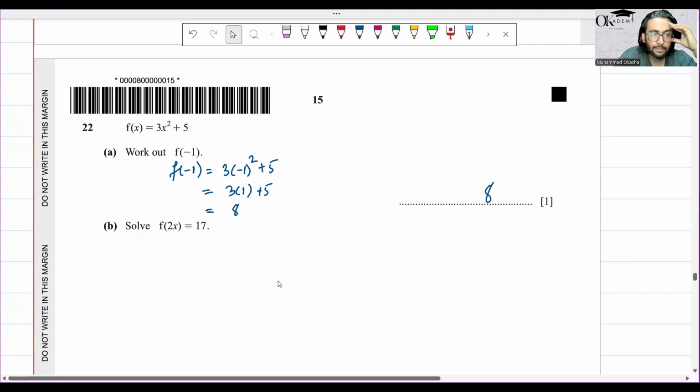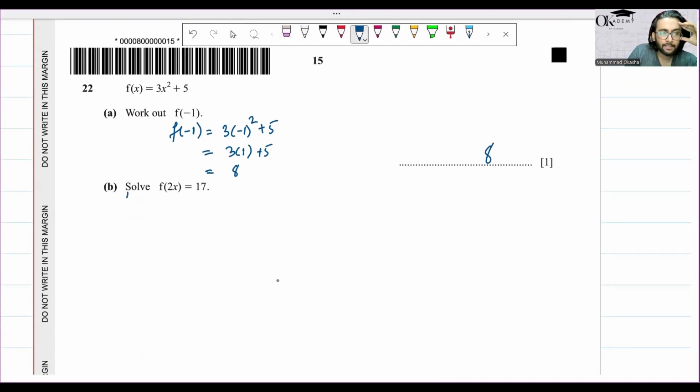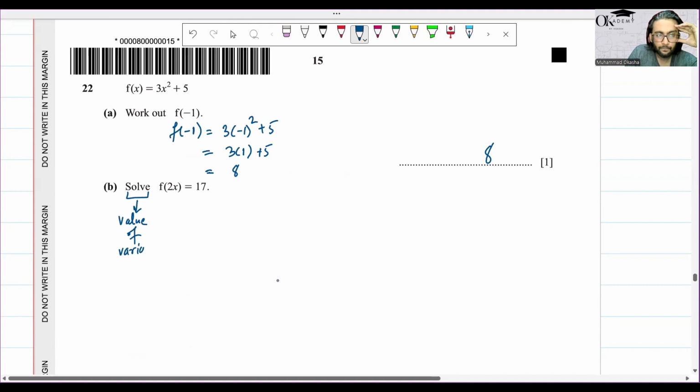Solve f of 2x is equal to 17. Whenever it says solve, it normally asks you to work out the value of the variable. So f of 2x means that instead of x, I'm going to put 2x.